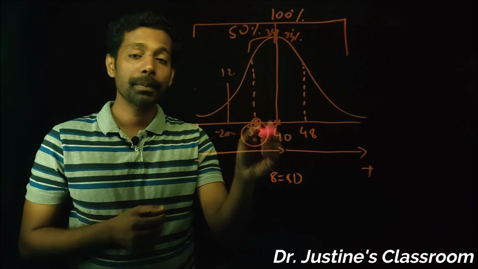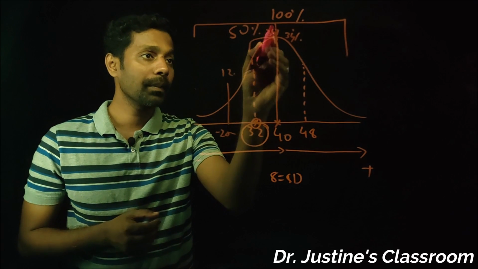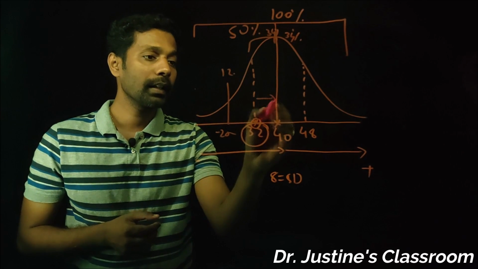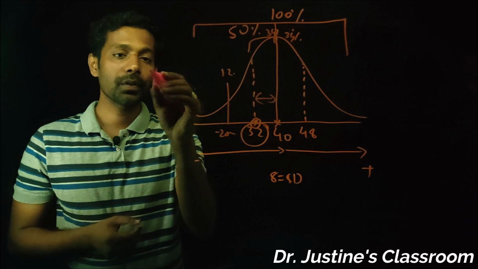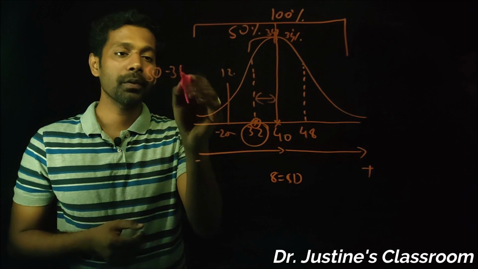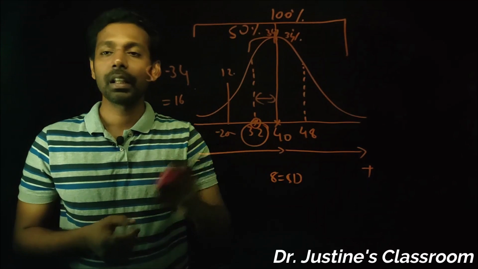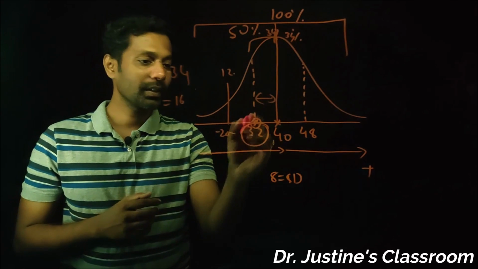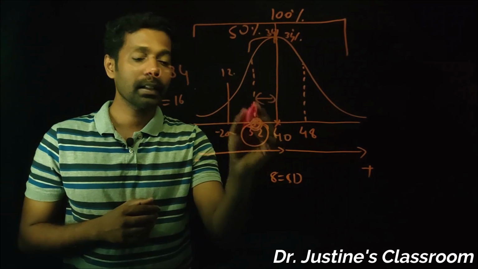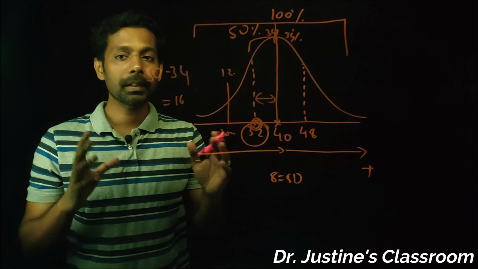Now they are asking the percentile. So among this 50 percentile, 34 is here itself, and the balance is 50 minus 34, which is 16. If it is there in the options, that's our answer. So this particular point is given exactly based on this property. So remember this part.